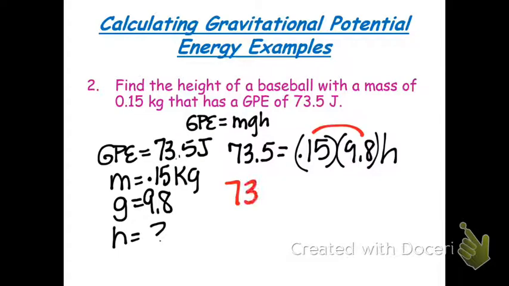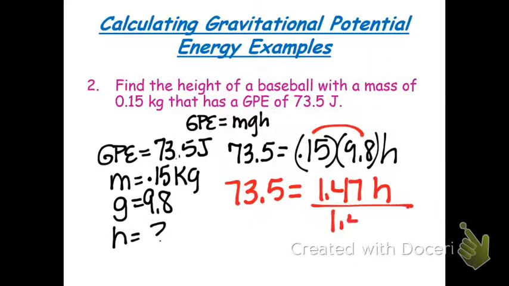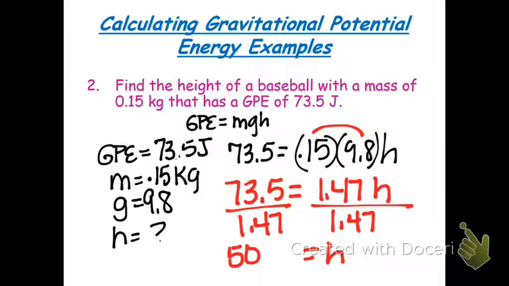So I have 73.5 equals 1.47 h. Now I just have to solve for h. 73.5 divided by 1.47, and h is going to be equal to 50, so 50 meters, because you would label height in meters.